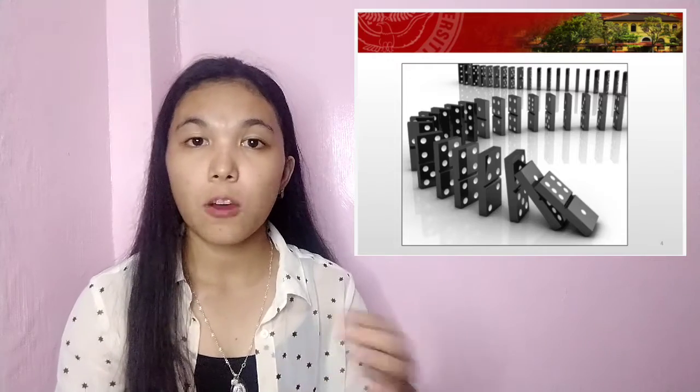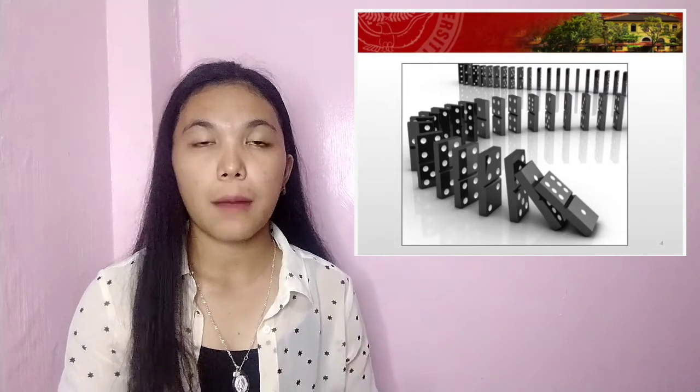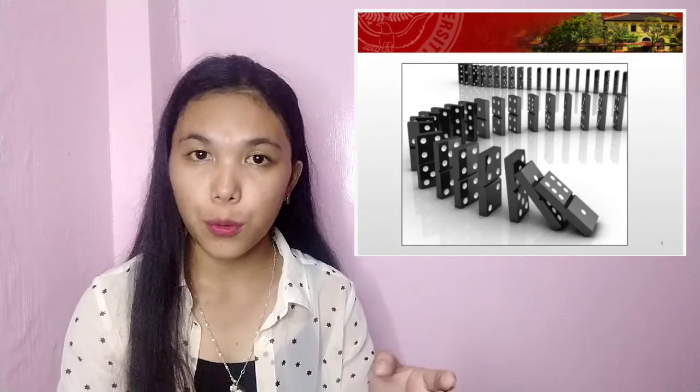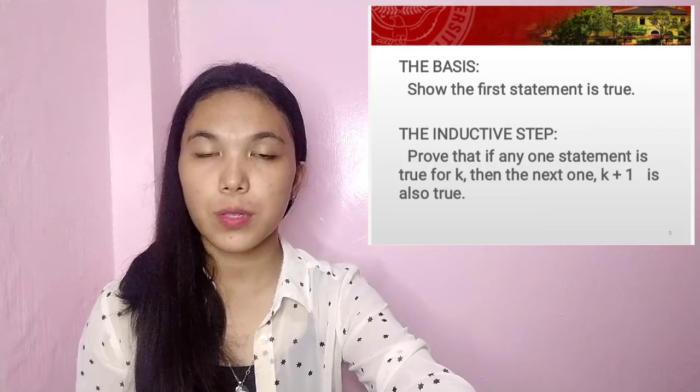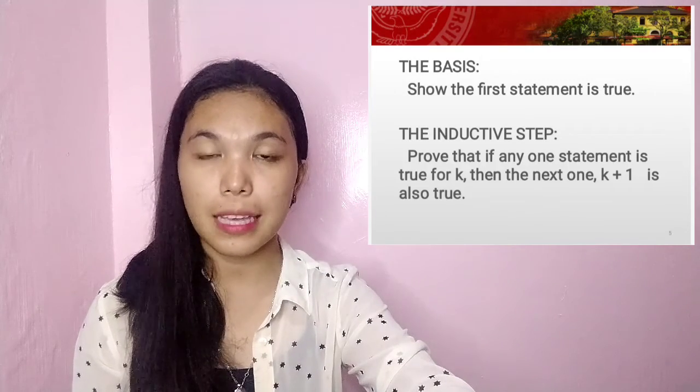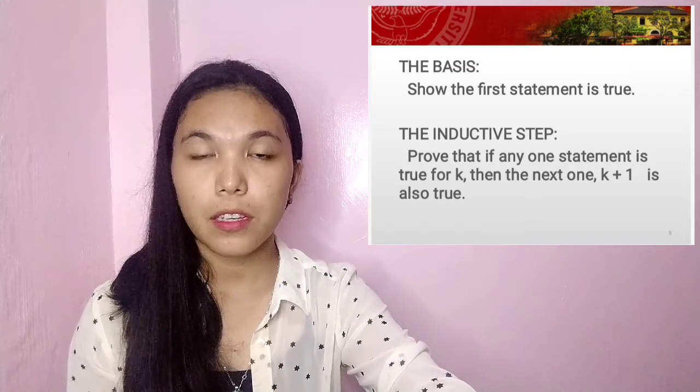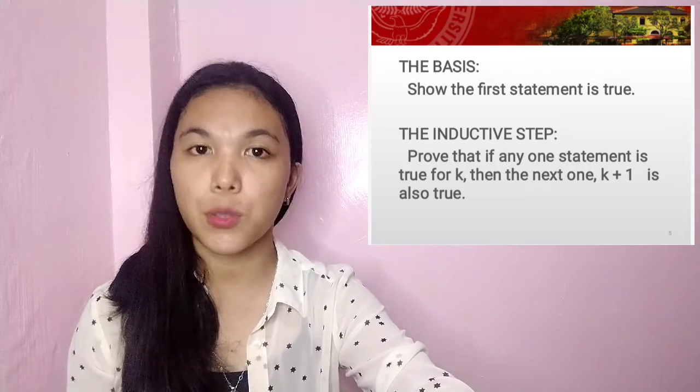So, it gives a domino effect to prove that all statements are true. Proofs have two steps, the basis step and the inductive step. The basis step shows the first term is true.